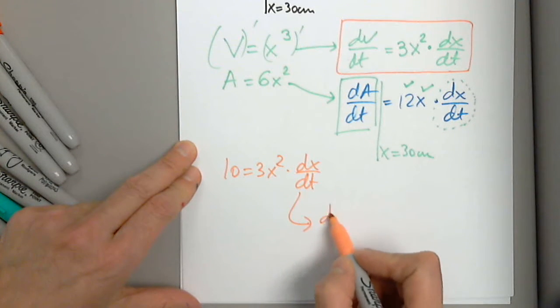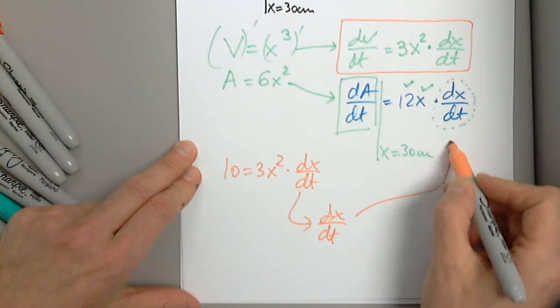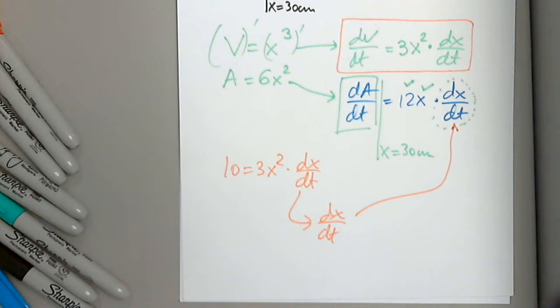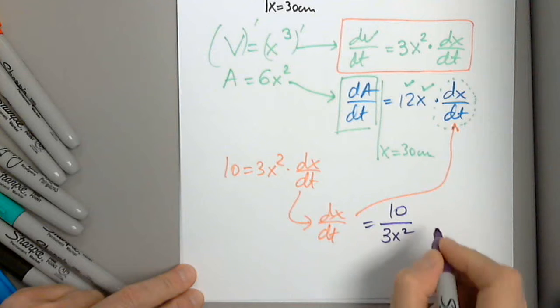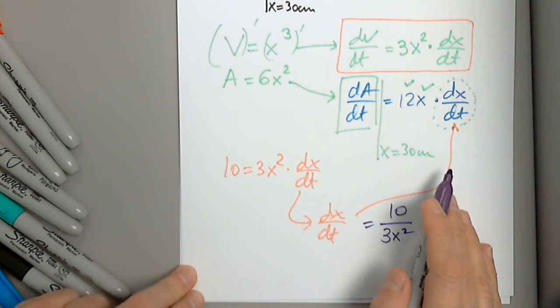I want to solve for dx over dt so that I can put it in here. So please tell me what I should write. Solve that equation for dx over dt and tell me what you get. Indeed, 10 over 3x squared. That's all I need.